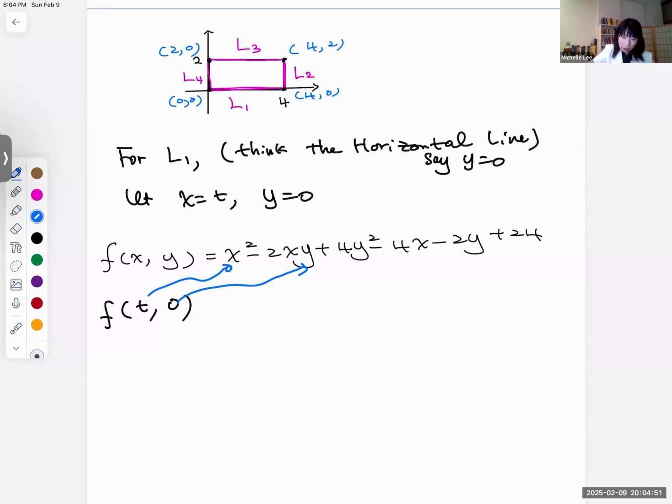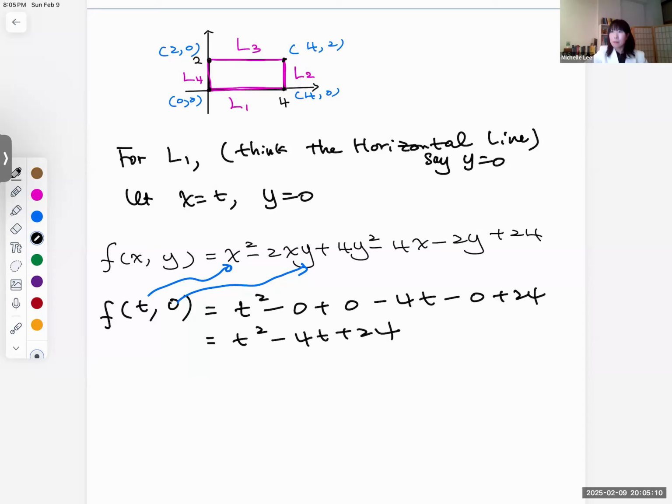Make sense? Then there will be t squared minus 0 plus 0 minus 4t minus 0 plus 24, so that is t squared minus 4t plus 24. Let's say that this is g of t.